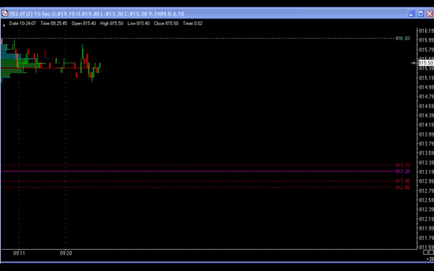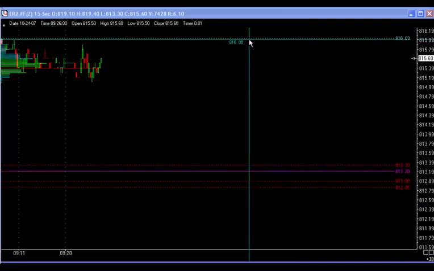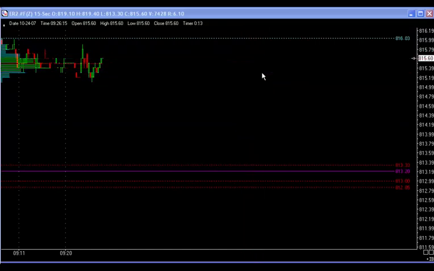Okay, it's Wednesday, October 24th, 2007, and we're looking at a 15-second chart of the E-mini Russell 2000 with a bunch of lines on it.